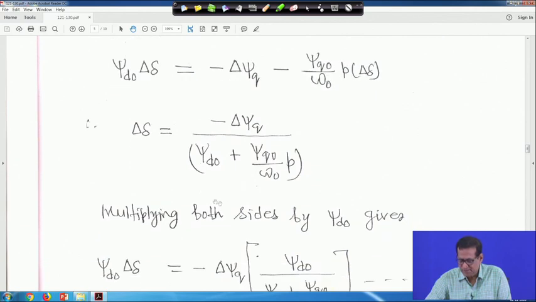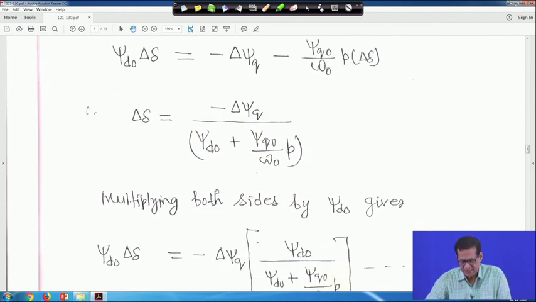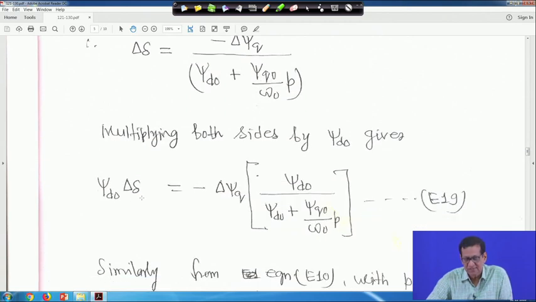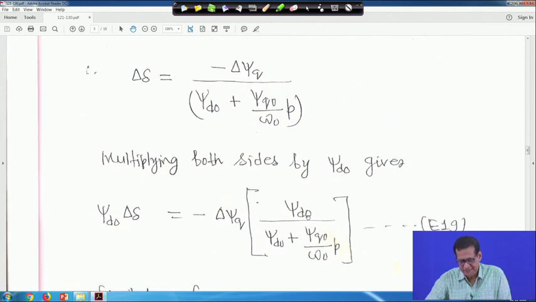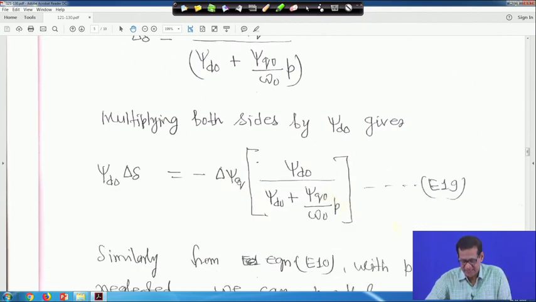Now, multiplying both sides by psi d 0, you will get psi d 0 delta delta is equal to minus delta psi q, and this can be written as minus delta psi q into psi d 0 by psi d 0 plus psi q 0 upon omega 0 p, right. P is nothing but the differential operator. This is equation E19, right.